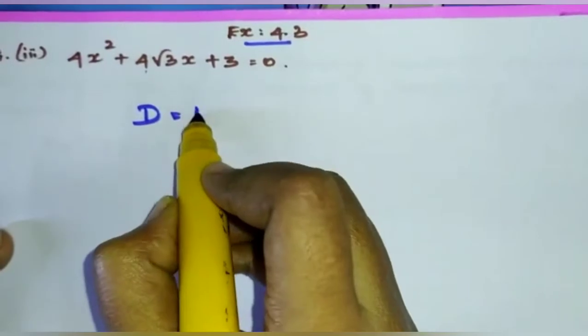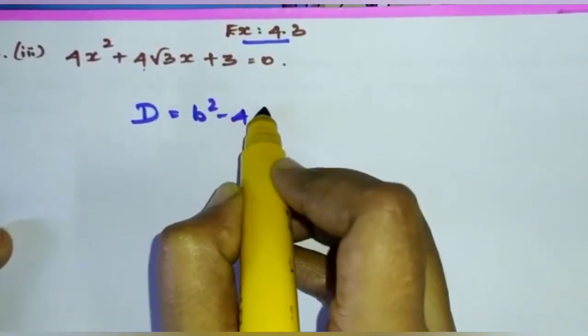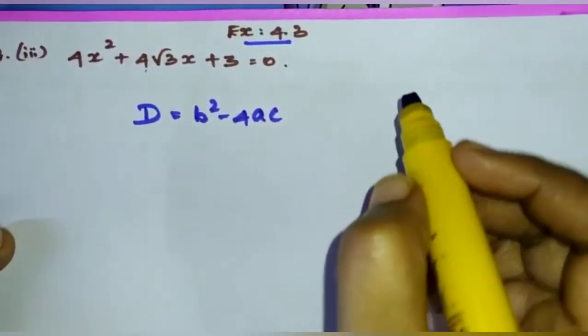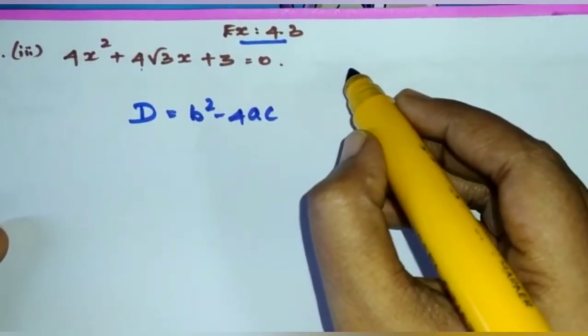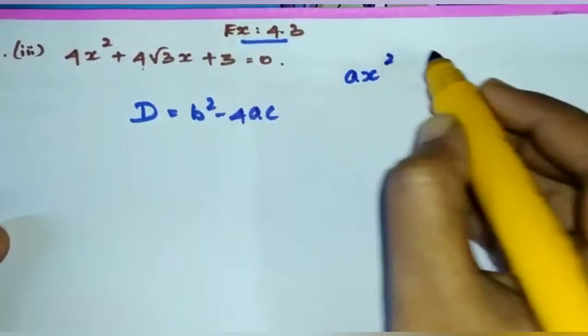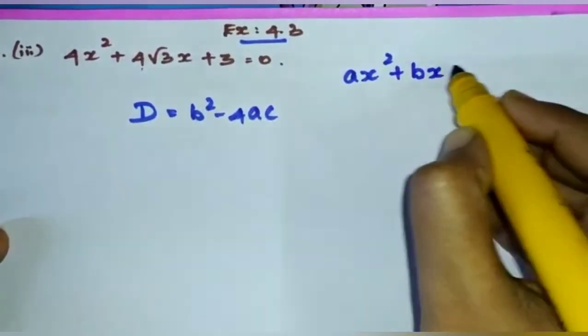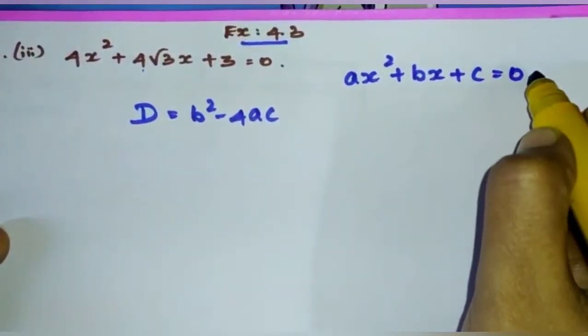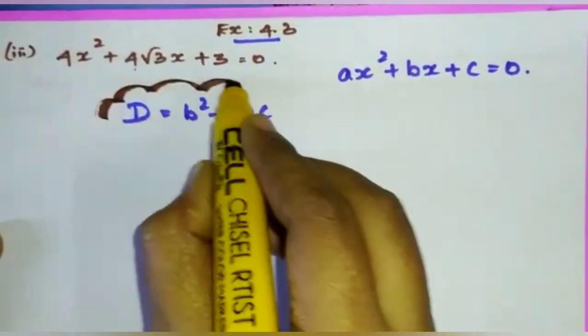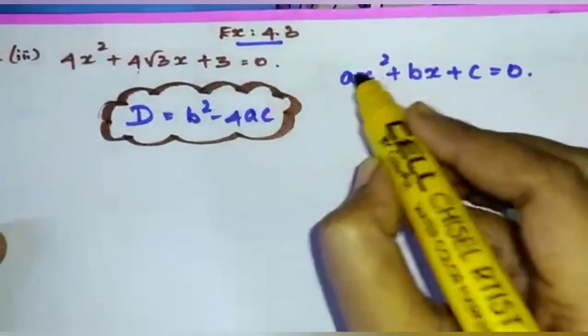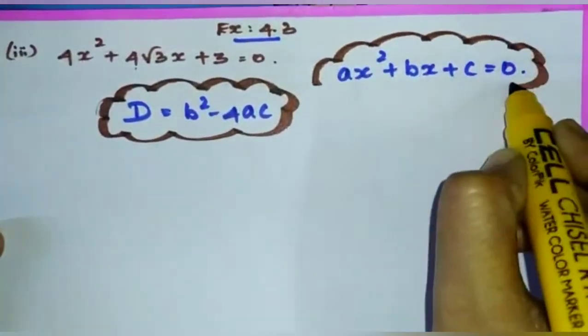D is equal to b square minus 4ac, and then we have to compare the quadratic equation with the general form ax square plus bx plus c is equal to 0 to find the value of a, b and c.